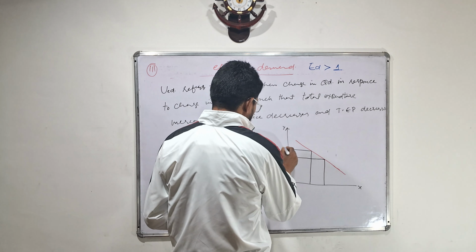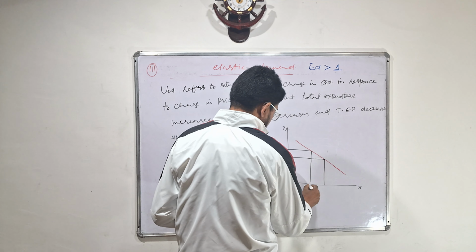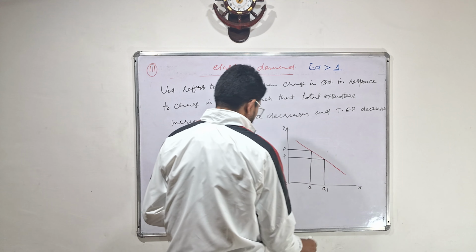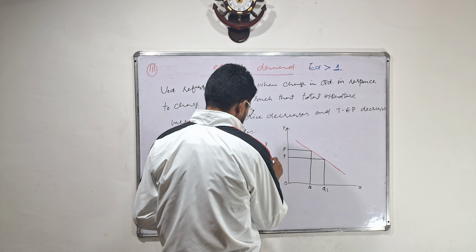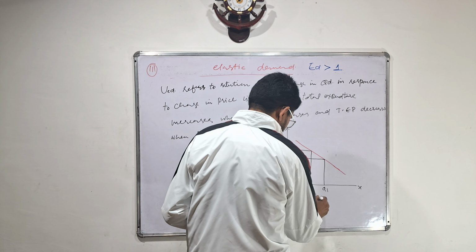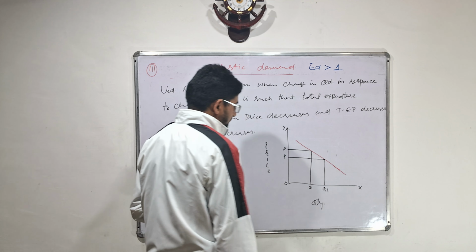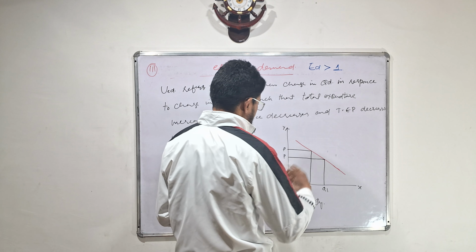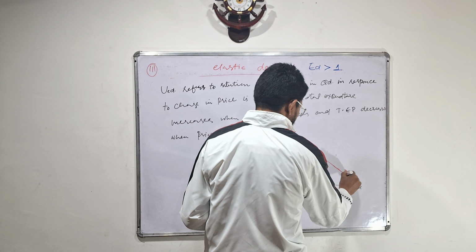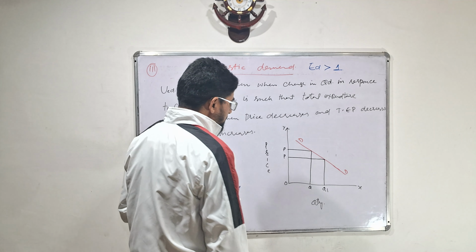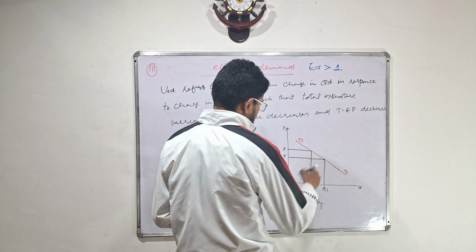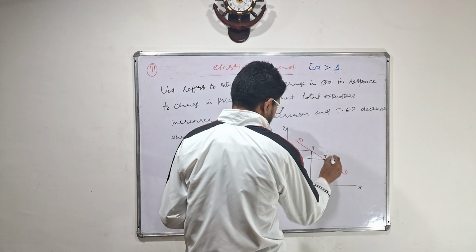Here is price P1, here is quantity Q1. This is a demand curve, the DD curve. DD curve means demand curve. What this shows us, I will write here, P and T.